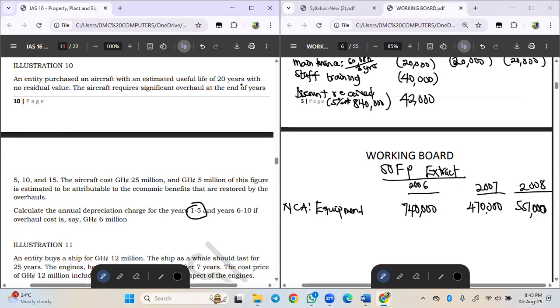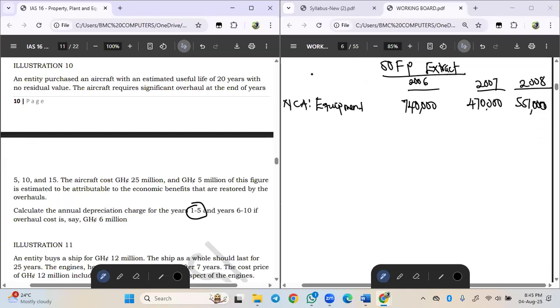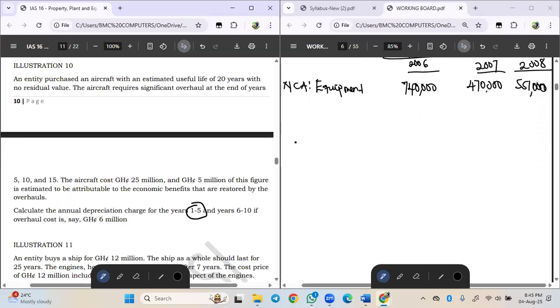Okay, so let's look at this particular workings. This one is illustration 10. With illustration 10, we are saying that an entity purchased an aircraft with an estimated useful life of 20 years with no residual value.